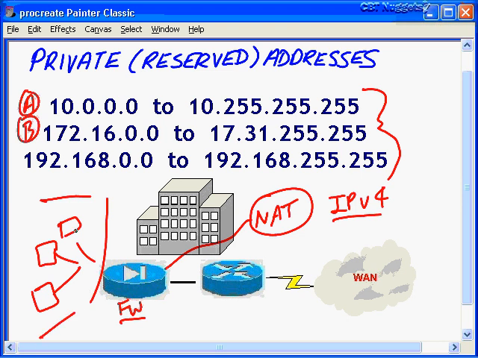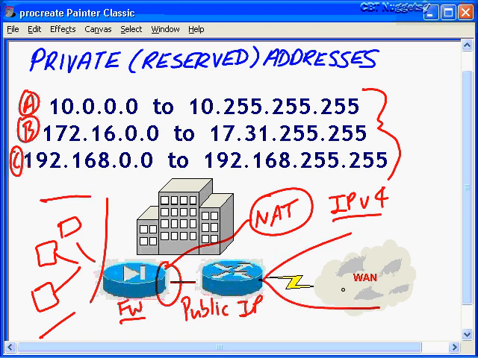You could have more than one company using a 10.10 network or a 170.16 network. But what happens is out here on the firewall, they'll have a public IP address that's valid, not from this private range, but one of the valid IP addresses in the Class A, Class B, or Class C range, and that address is used to represent their company and all of these hosts to the public internet out here over this wide area network connection.